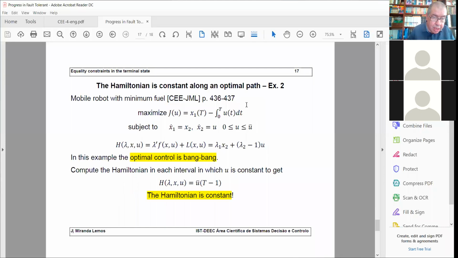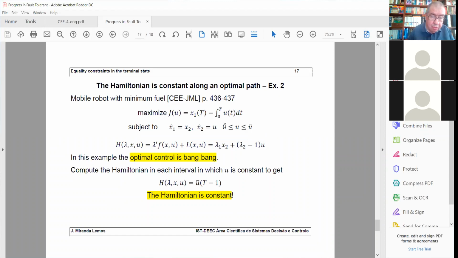Now, suppose that we have a different case that we have already also considered. We replace the cost by the so-called minimum fuel cost, in which I want to maximize the distance that I have traveled minus the integral of the rate of consumption of fuel.